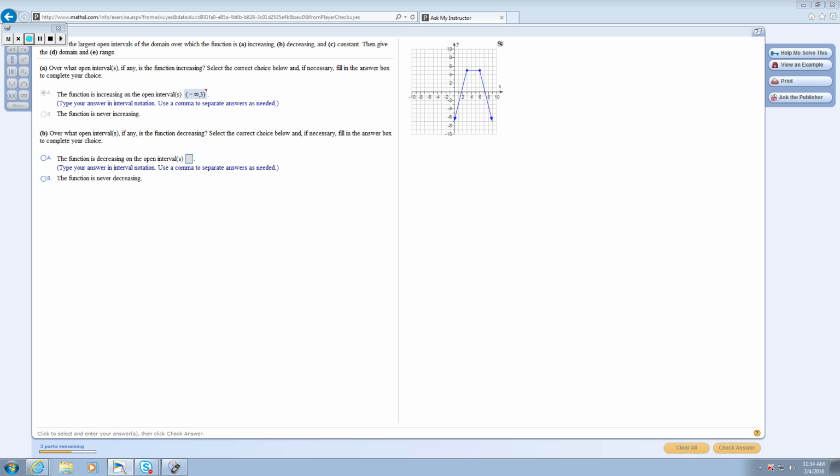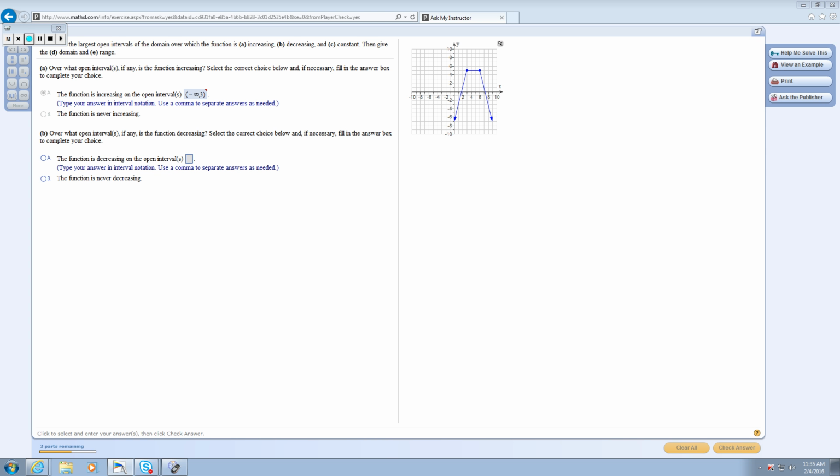And there's logic here. Instead of putting a bracket here, they're saying that at this point you're neither increasing nor decreasing, you're constant. You're at a transition point, just like here.